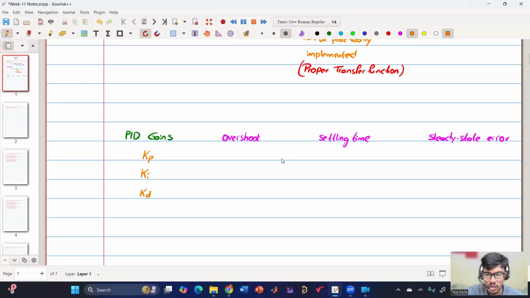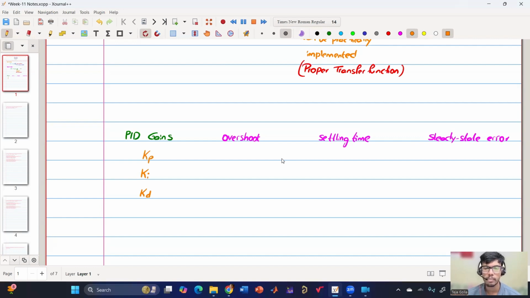We should remember this, but we should also try to understand why it is happening. What happens if there is a load transient, say? When there is a load transient, the output voltage will see a dip, right? Whenever there is some error, KP will multiply that error, so there will be KP into V error. There will be an increment in the control voltage.